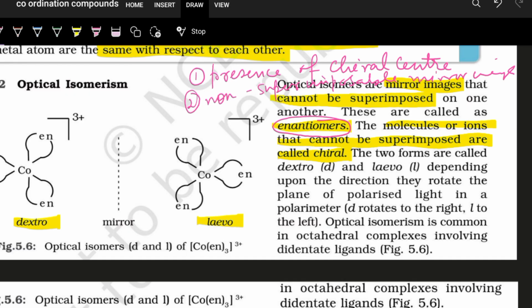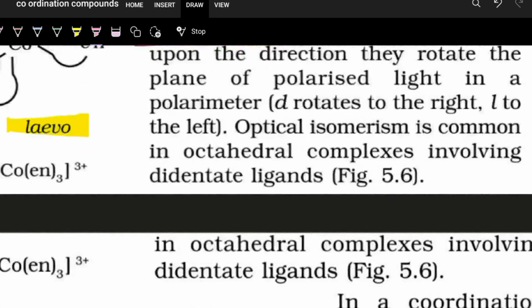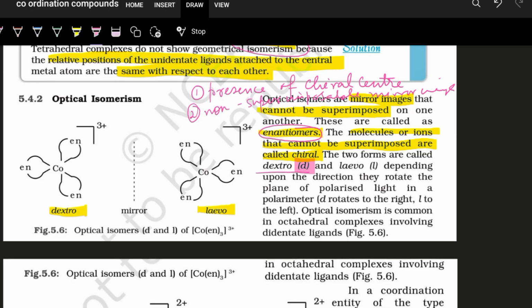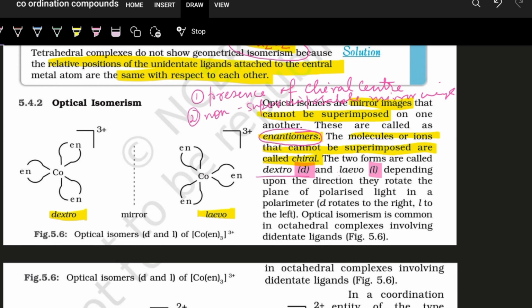So the two forms are dextro, which is represented as small d, not capital D, because capital D means configuration and small d means optical rotation, and the other is levo with a small l, depending on the direction in which they rotate the plane polarized light in a polarimeter.